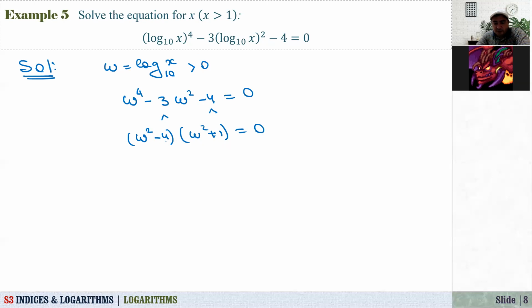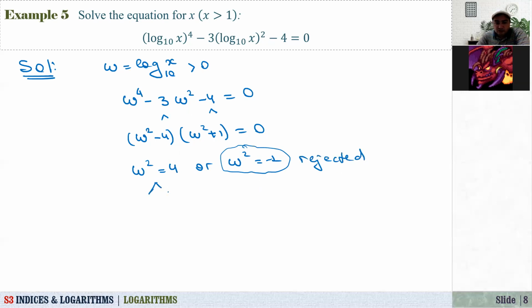If you just expand this, w to the power of 4 minus 4w squared plus 1w squared, the sum is -3w squared, minus 4. Everything's okay. Now from here, w squared should be equal to 4, or w squared should be equal to -1. And since we are talking about the real number system, we don't have any real number whose square is a negative number. So this is rejected.